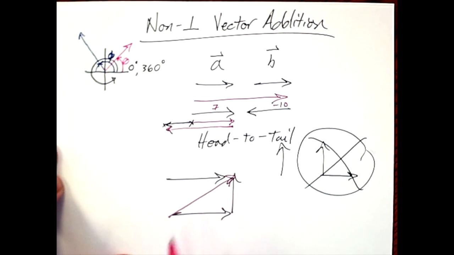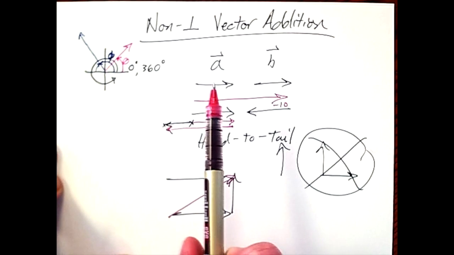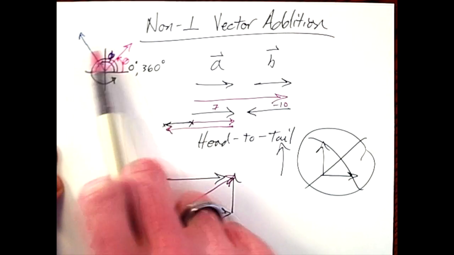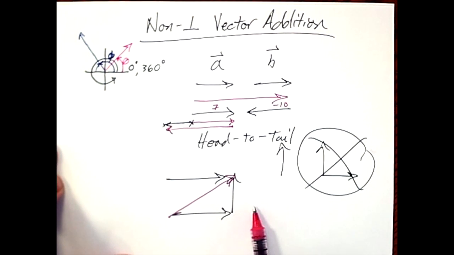This is the ultimate goal of non-perpendicular vector addition. We're going to take A and B that are at some weird angles, figure out what the overall component in the x direction is, what the overall component in the y direction is, and create this triangle that is perpendicular from these two vectors that were not at the beginning.